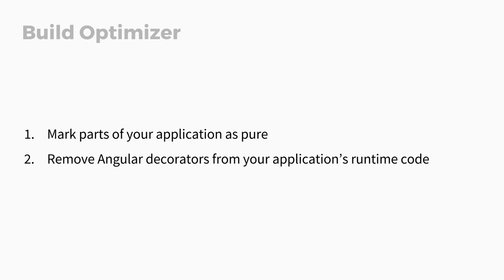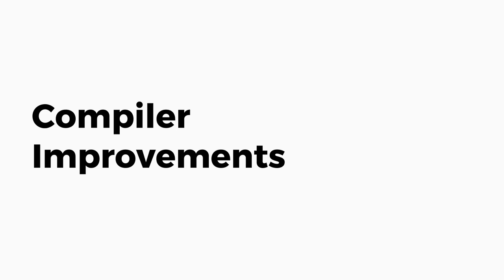The second thing the build optimizer does is to remove Angular decorators from your application's runtime code. Decorators are used by the compiler and aren't needed at runtime and can be removed. Each of these jobs decreases the size of your JavaScript bundles and increases the boot speed of your application for your users.